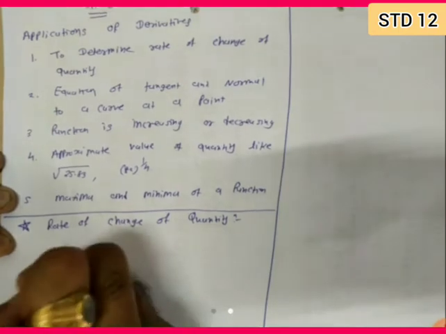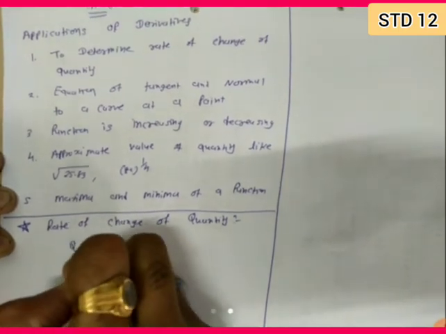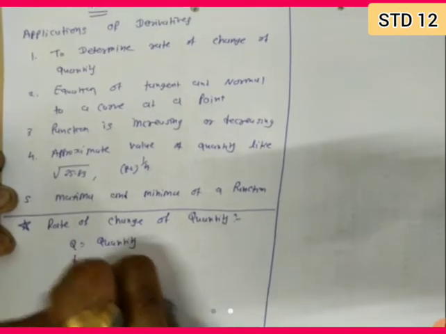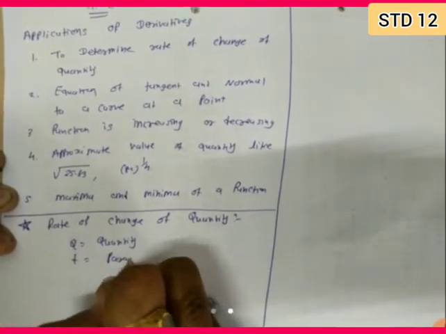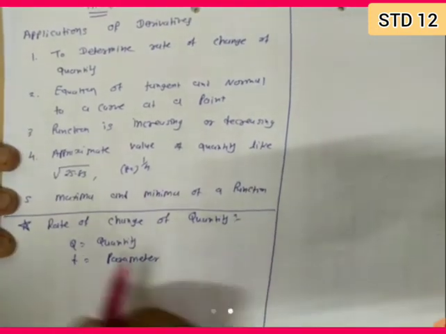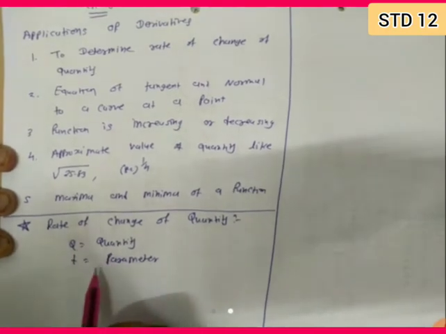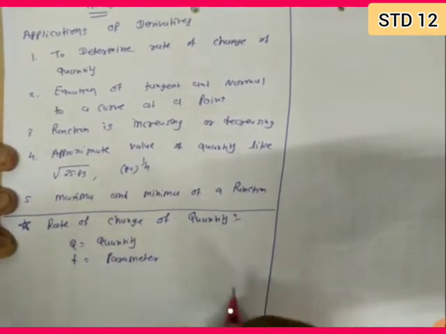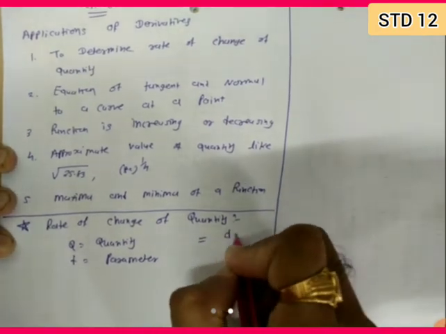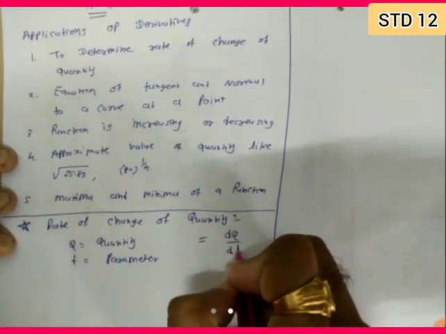Let us now consider Q as some quantity, and suppose T is one parameter. One quantity Q is there and one parameter T is there. Here our quantity Q changes with parameter T. So the rate of change of quantity with respect to parameter T is represented by dq by dt.